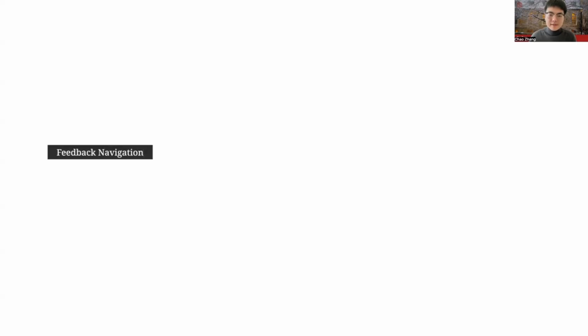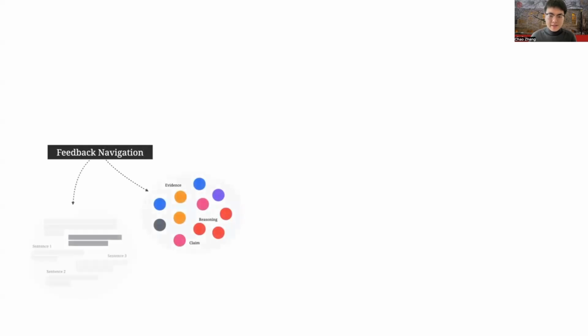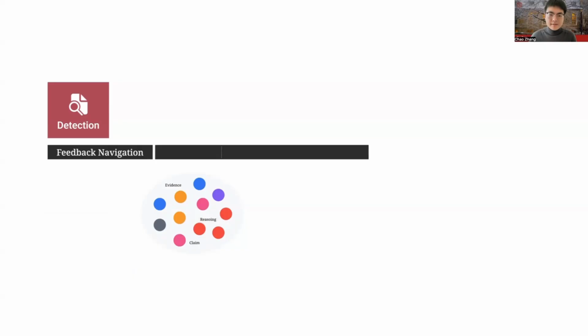To be more specific, different feedback may focus on different aspects of the writing. They highlight different issues across multiple areas. This makes it hard to identify and prioritize what needs fixing. Second, novices often struggle to translate feedback into actions.